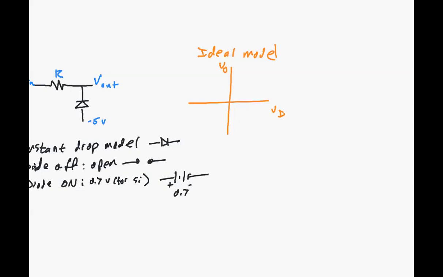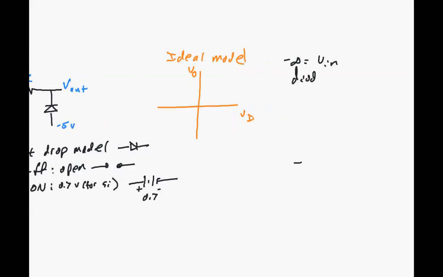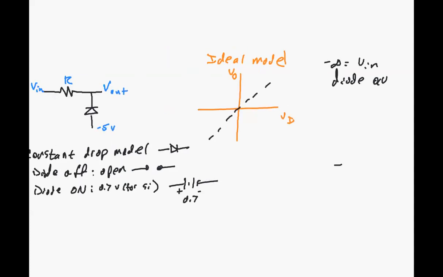With the ideal model, for Vin equal to minus infinity, the diode must be on. It's a short, so if we replace this diode with a short, we just see minus 5 volts on the output, and we have a constant minus 5.